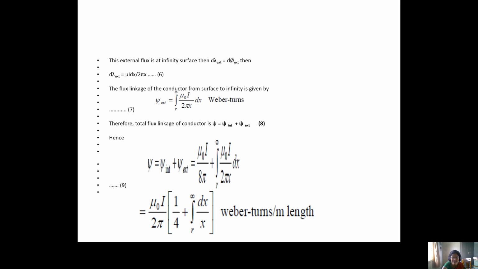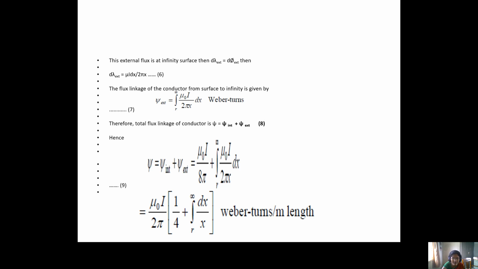Therefore, if you want the total flux linkages of the conductor, we have to write the internal flux linkages plus the external flux linkages, that is φ equal to φ internal plus φ external. φ internal, from the previous formula, is μ₀I by 8π, plus the integral from r to infinity of μ₀I by 2πx dx.